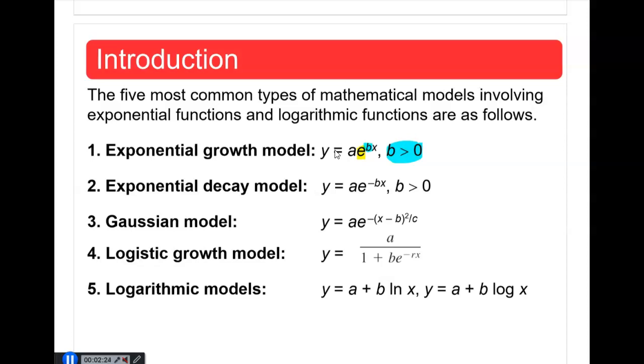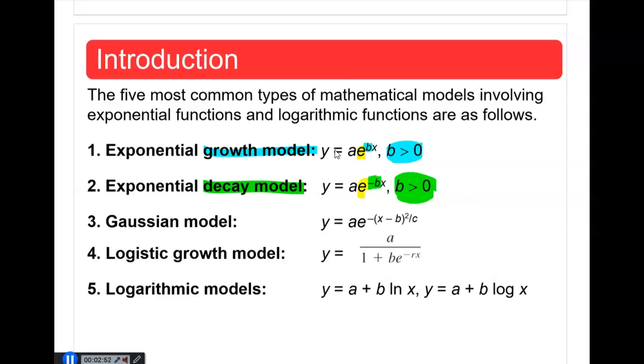And then we have exponential decay, which is whenever you have a negative exponent there. And we know it's negative because b is positive. So if you put a negative sign in front of a positive number, then you will have a negative exponent. For this one, also e is the base of the function.